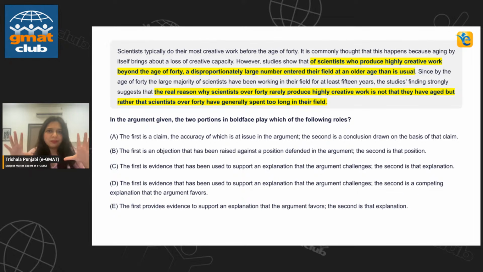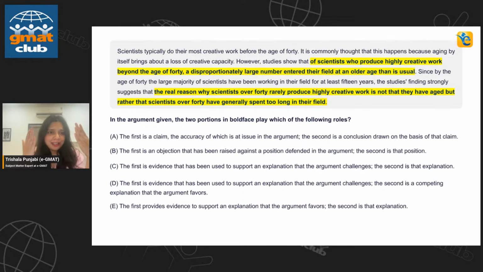we have the entire argument, the entire finding, which is basically scientists are doing the creative work before the age of 40. Normally, the commonly thought thing is because they have aging, there's a loss of creative capacity. But because of this study, which showed that of highly creative work beyond the age of 40, a lot of them entered at an older age, this entire argument is saying that the real reason is because they have spent too long, not because they have aged.